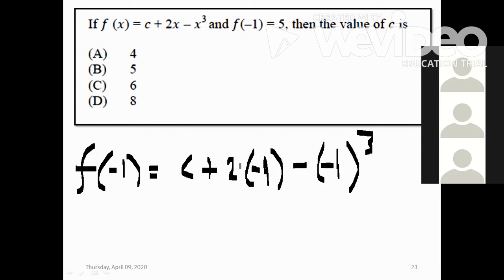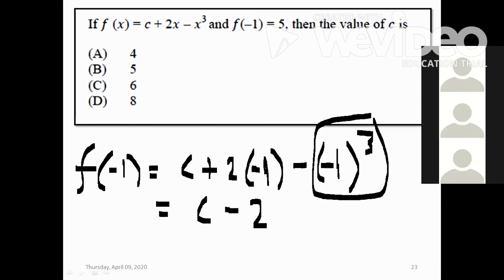Four? 7 minus 2. Well, this is C subtract 2, not true? When you work out this, first of all, you're not going to say negative times negative. You don't do that. You work out the bracket first. Negative 1 cube is what? -1. Right, negative 1.